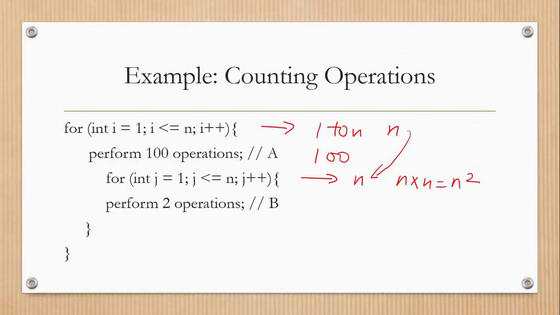And in this inner loop we are performing two operations. So the total number of operations performed by this algorithm will be a plus b, where a is equal to n into 100, and b is equal to 2n square. So total operations will be 100n plus 2n square.